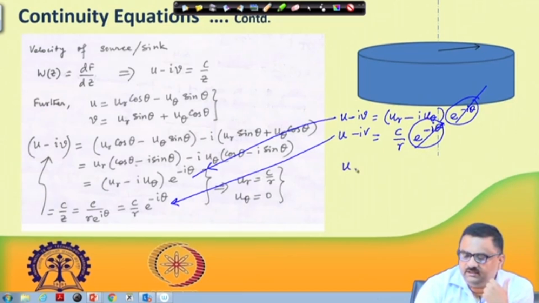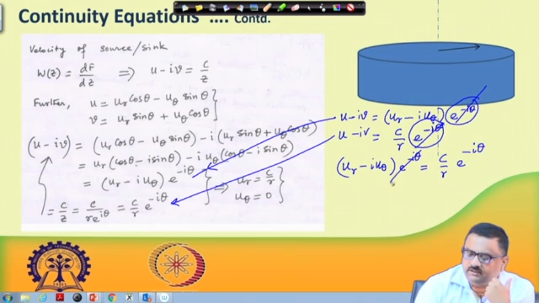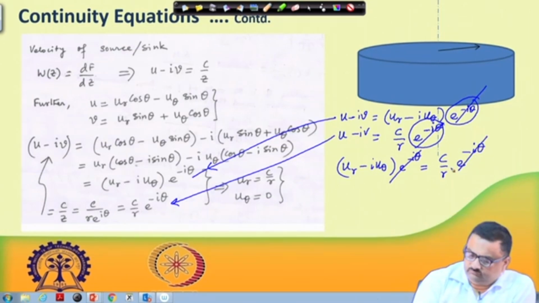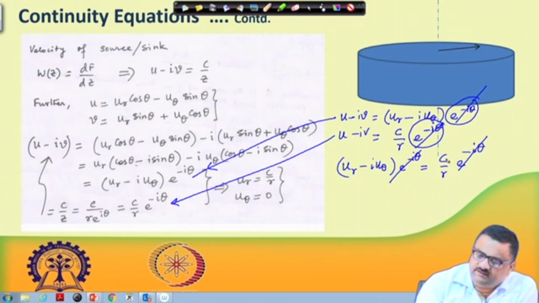So, you are getting u r minus I u theta into e to the power minus I theta equal to c by r e to the power minus I theta. Cancelling e to the power minus I theta, what are you ending up with? C is a real constant, so c by r is a real term. On the left hand side you have u r minus I u theta.